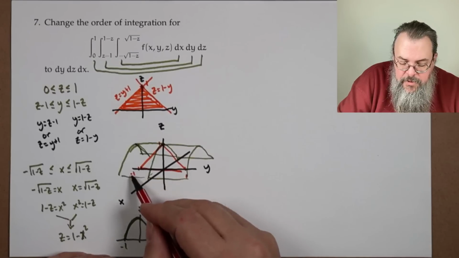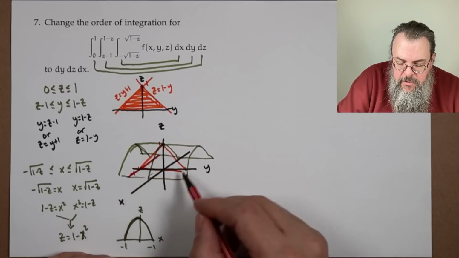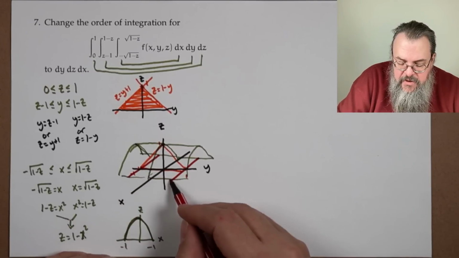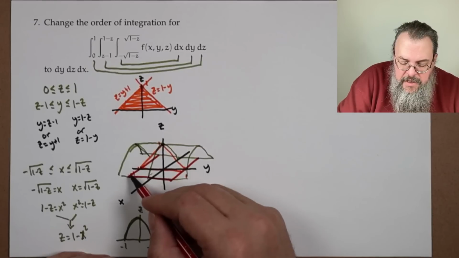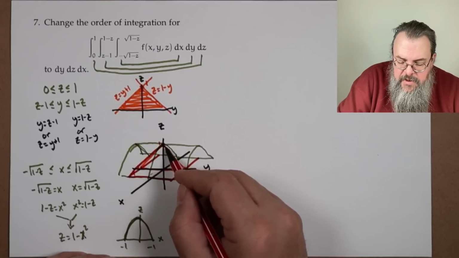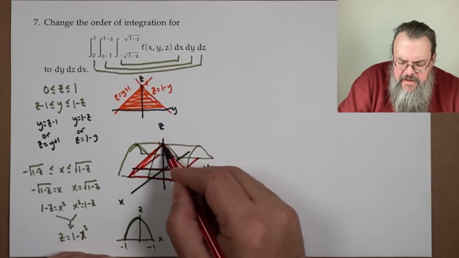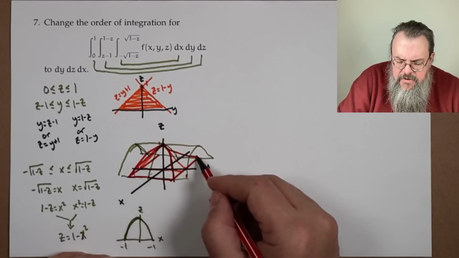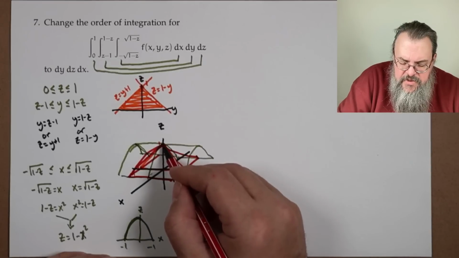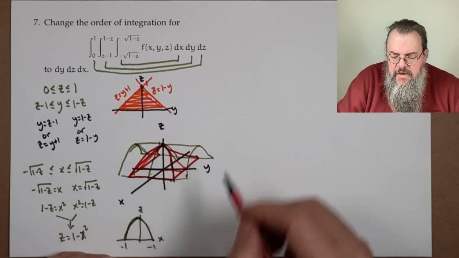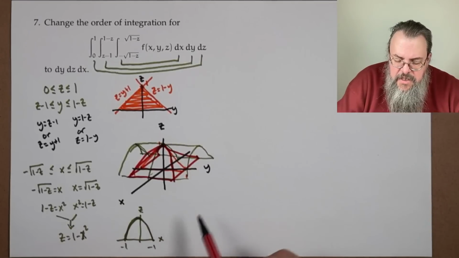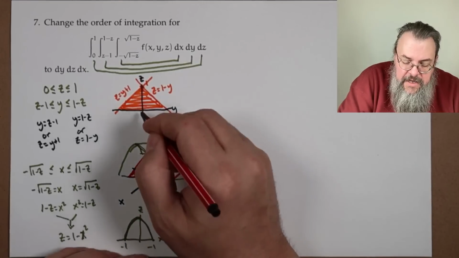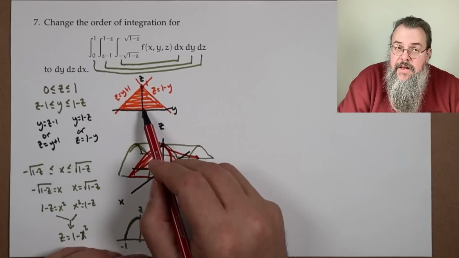So we would see this part. We have our base here, and then we're going to come up and come back down on this side. And then on the other side, we'd do something very similar, and come down to the other side. It's a little hard to see, but looking down the x-axis, that's what we see.